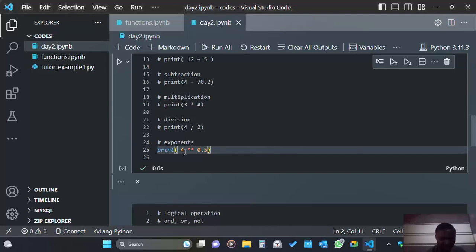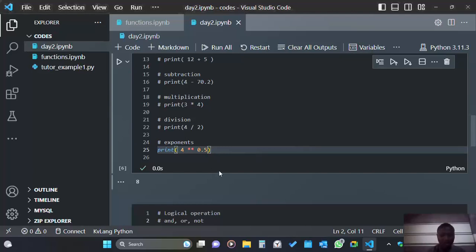Anytime there's a root, it's simply a fraction: 1 over the number. If it is square it is 1 over 2, if it is cubic 1 over 3, whatever it is, 1 over that number. So square roots are basically raising a certain number to a fraction.